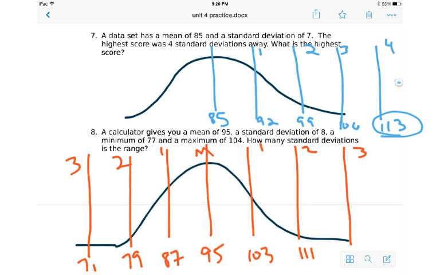And the problem is I can't just go another standard deviation in one direction and not the other. I have to go in both directions. So if 77 is over here and 104 is over here, in order to get all of my data, I need to go within 3 standard deviations from the mean to encompass my entire range.